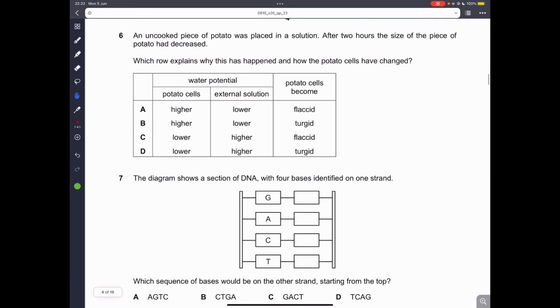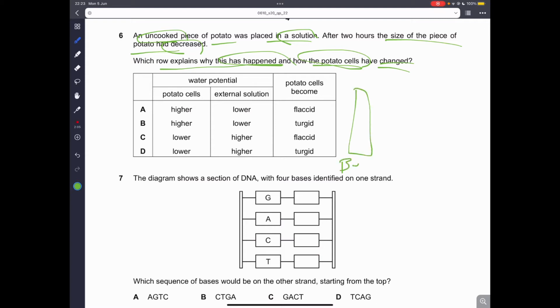Question number 6. An uncooked piece of potato was placed in a solution. After 2 hours, the size of the piece of potato has decreased. Which will explain why this has happened and how the potato cells have changed? Well, this is an uncooked piece of potato placed in a solution. After 2 hours, the size has decreased. So this is before. Let me draw this diagram.